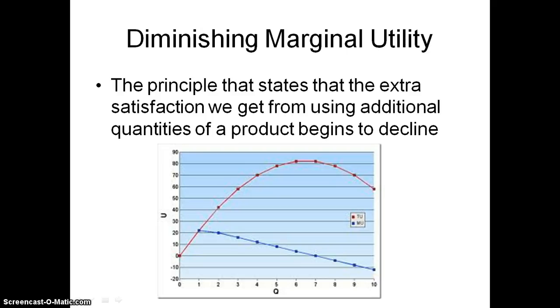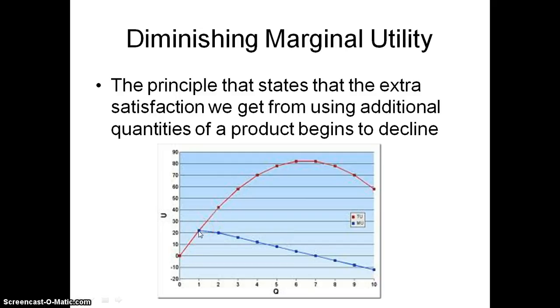In most cases, marginal utility will be diminishing. That means that as you consume more and more of a product, the amount of additional utility that you receive becomes less and less. You can see this on this graph. The red line here represents total utility. So as we consume more of a product, be it hamburgers, soda, video games, whatever it may be, we'll find that over time we receive more and more total utility.